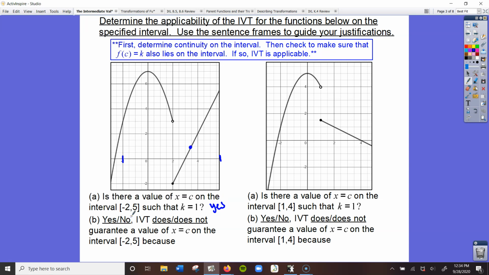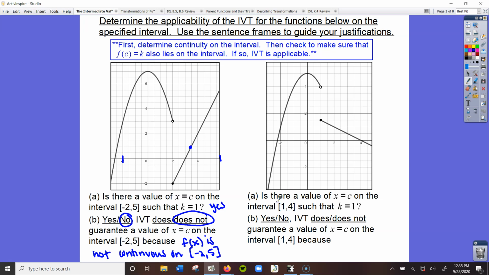However, we would say that no, IVT does not guarantee a value of x is equal to c on the interval -2 to 5. And we would say because f of x is not continuous on the interval -2 to 5.